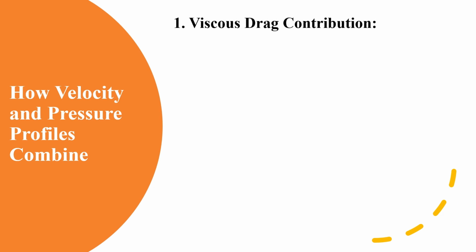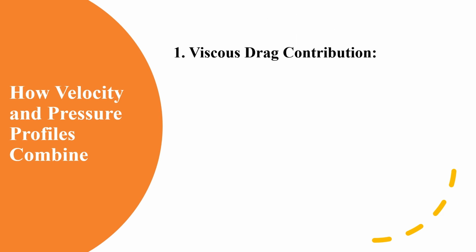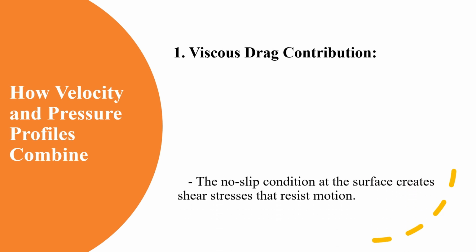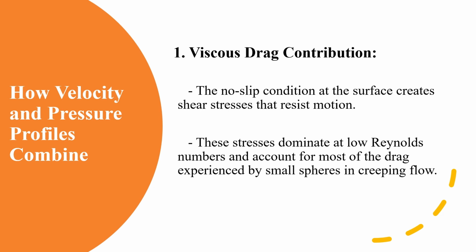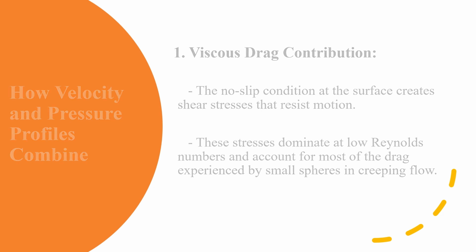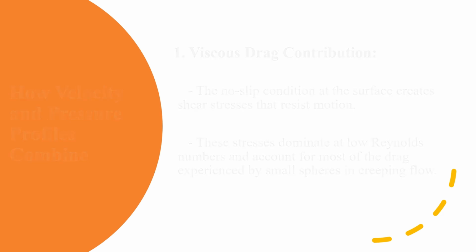The no slip condition creates shear stresses at the surface of the sphere. These shear stresses resist the sphere's motion, slowing it down. Imagine trying to push a ball through thick mud. The harder you push, the more resistance you feel. That's exactly what fluid does.